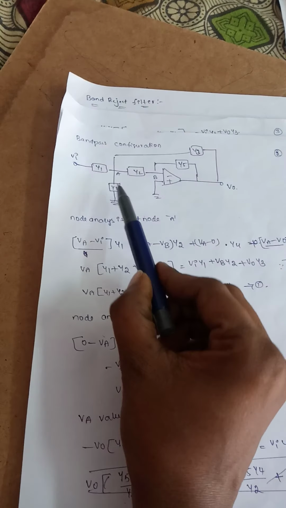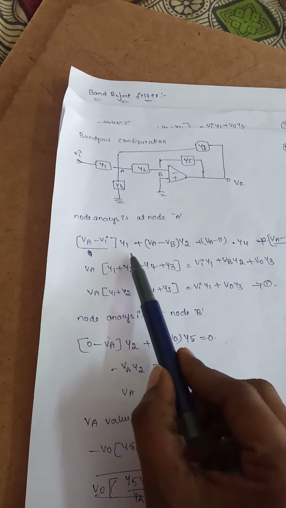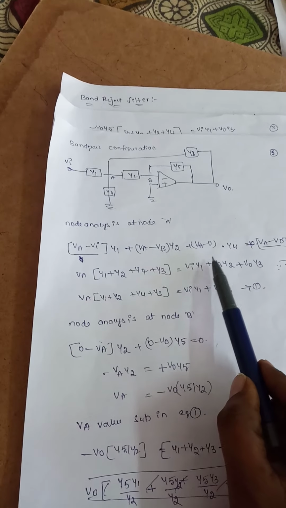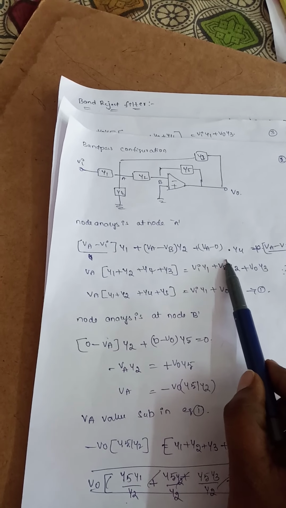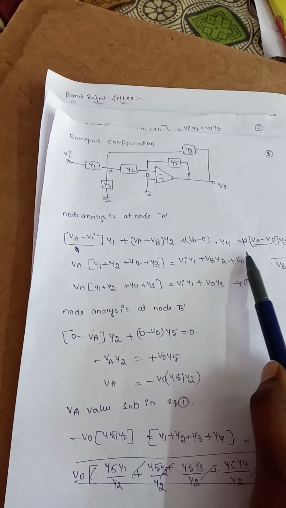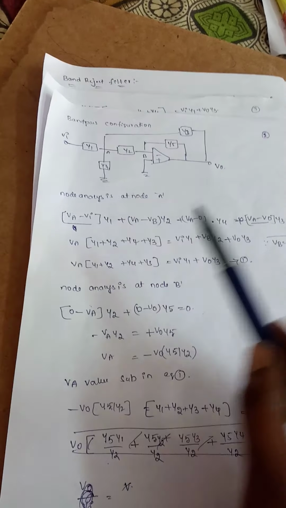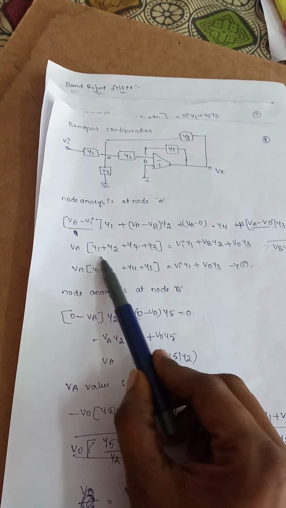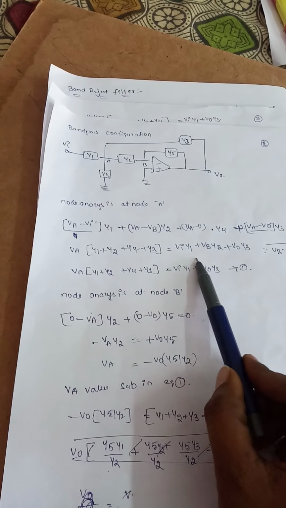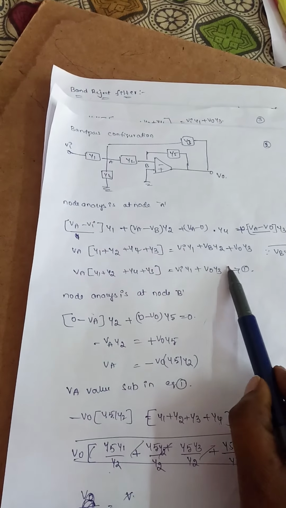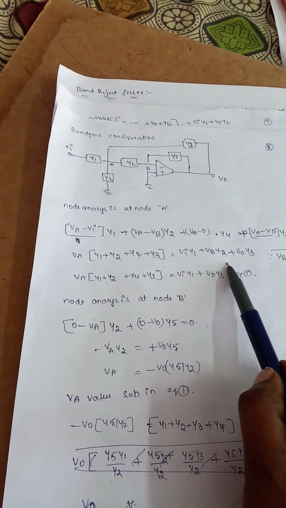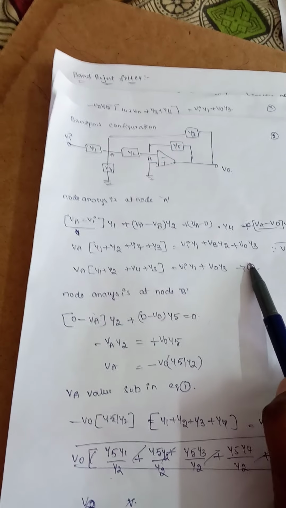VA minus VI into Y1. Next, VA minus VB into Y2. VA minus 0 into Y4, because it is at ground potential, so that equals 0. Collecting terms, VA into Y1 plus Y2 plus Y4 plus Y3 is equal to VI into Y1 plus VB into Y2 plus V0 into Y3.